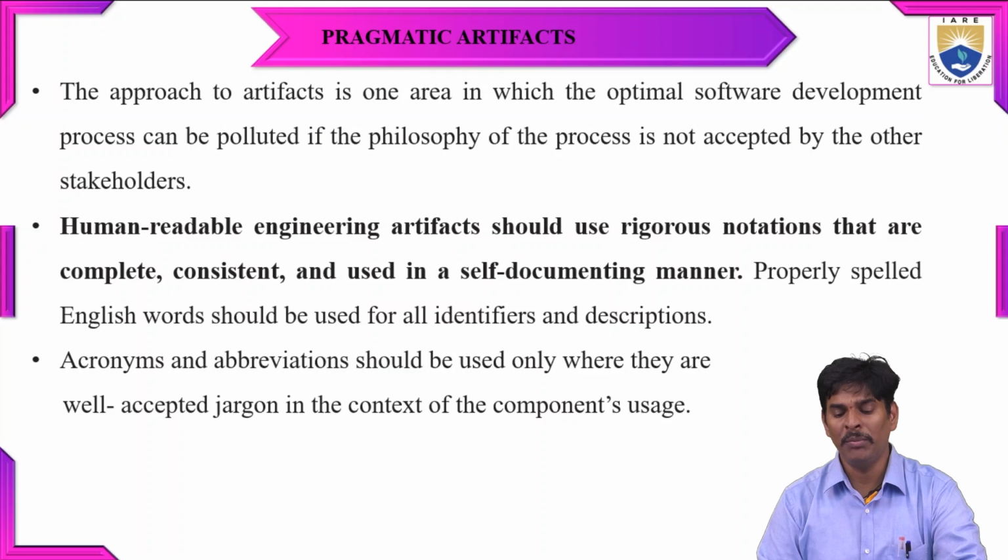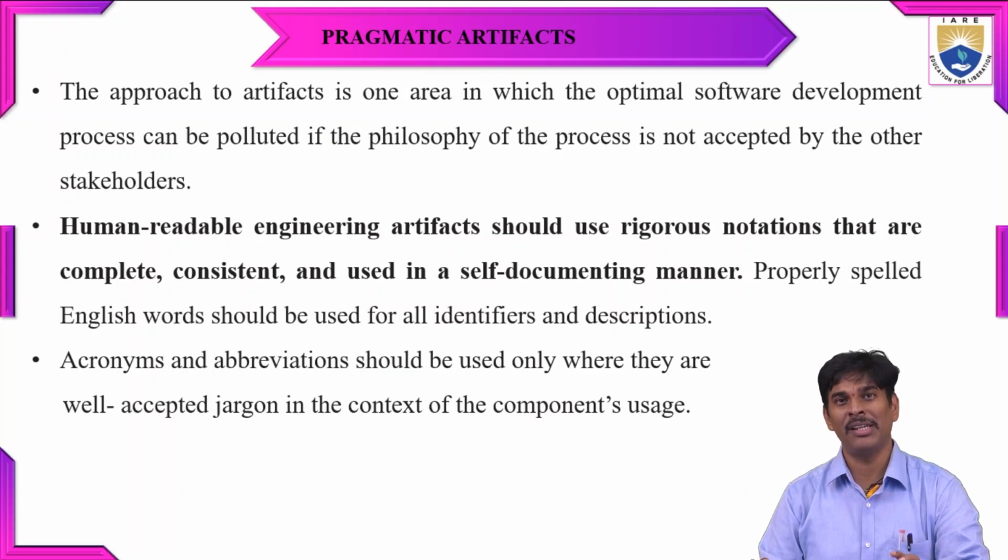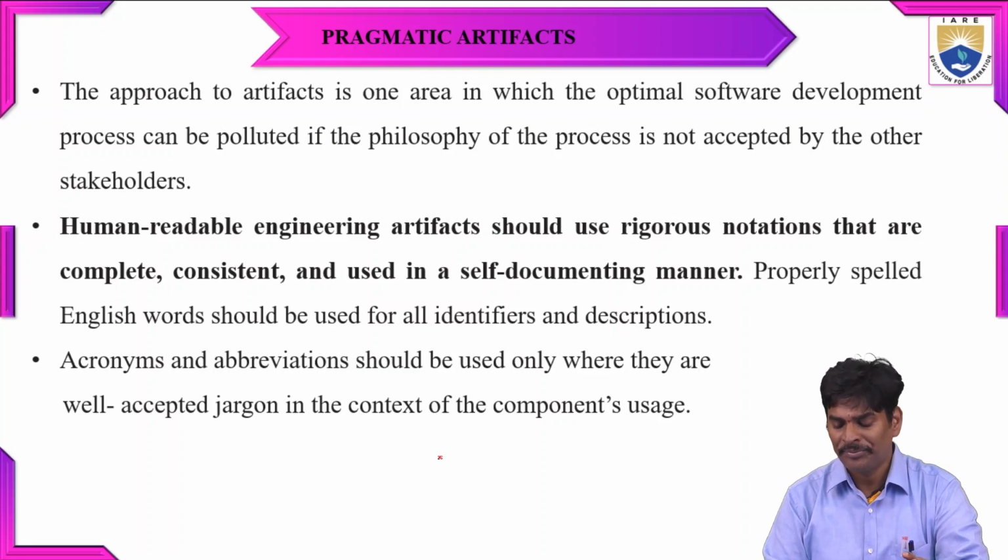And the next one is that human-readable engineering artifacts should use rigorous notations that are complete, consistent and used in a self-documenting manner. Human-readable engineering artifacts means that when they are using notations, the notations should be complete and consistent. For example, if a person is using abbreviations and does not provide the full form of those abbreviations, then if I read that paper, I cannot understand the full form of that abbreviation or acronym.